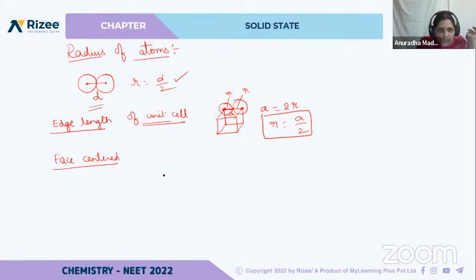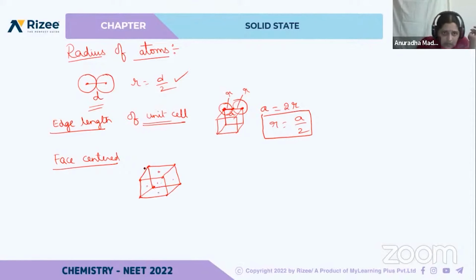Then let's see the face-centered unit cell. Let's consider this one also. Finally, we are getting the radius in all these cases. If we consider the face-centered one, obviously atoms are on the corners, and along with these, on the faces also.